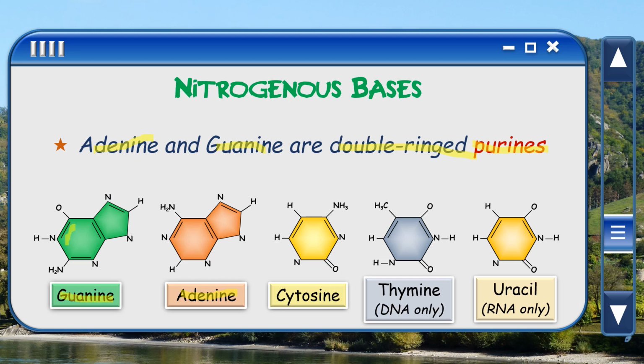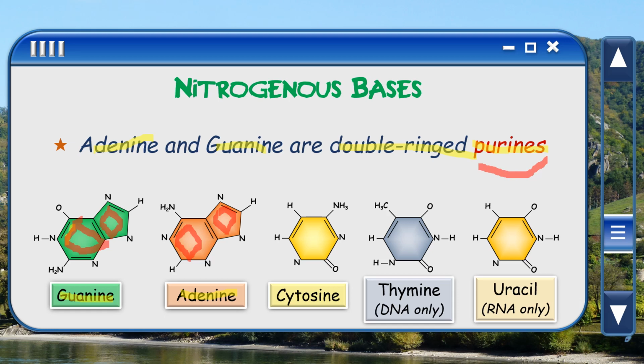That's why we are calling them double-ringed. There is this ring here, and then there is this ring here. And those that have double rings are the ones that we are referring to as the purines.